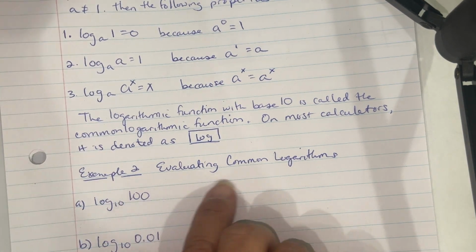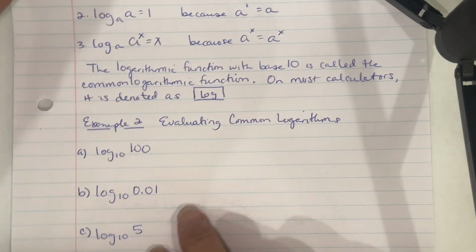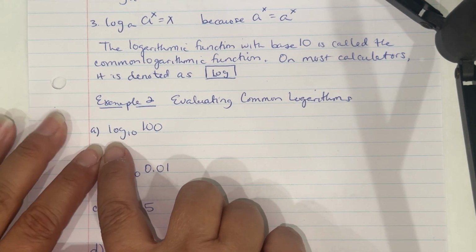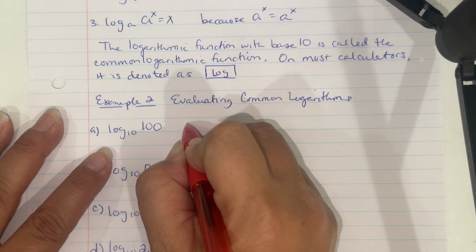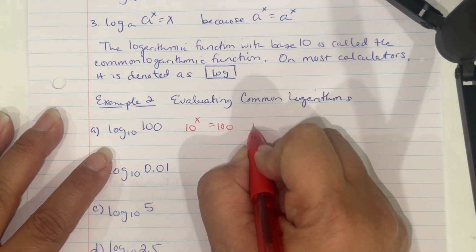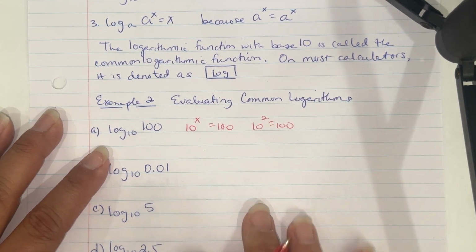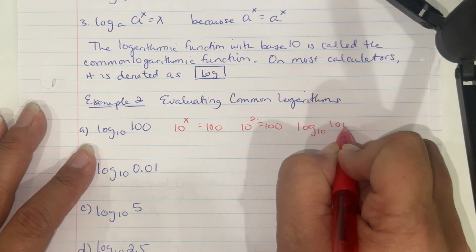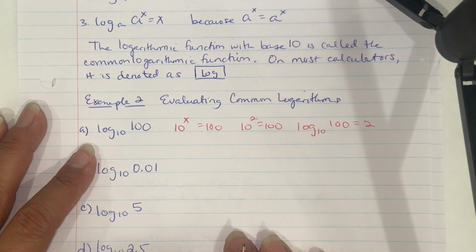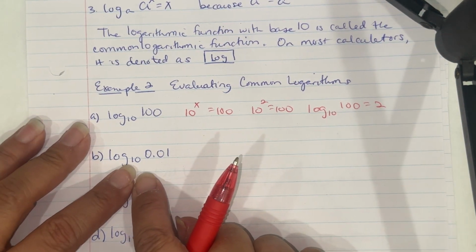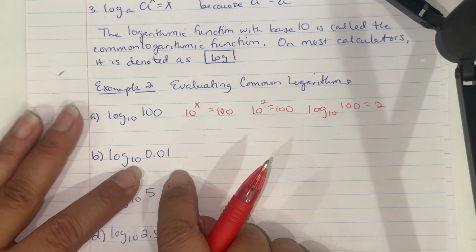So example 2 wants us to evaluate common logarithms. First thing we start out with, referring back to our original notes on properties of logs, it says log base 10 of 100. So it's saying 10 to what power is going to give you 100? Well, 10 to the second power gives us 100. So log base 10 of 100 is 2. On this one it says log base 10 of 0.01.